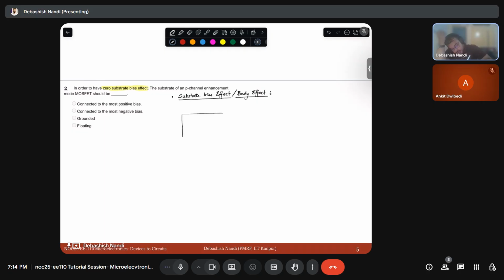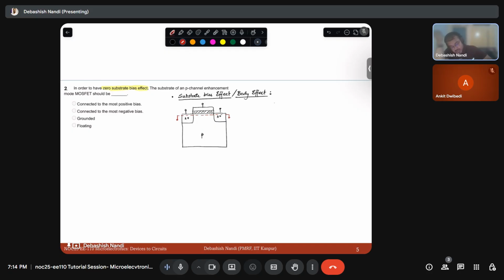Let us say you have a MOSFET. I am doing the N channel part, because for P channel you will have difficulty understanding the band diagrams, as I have not introduced the P channel to you. So let's say I take a cut section along this line.